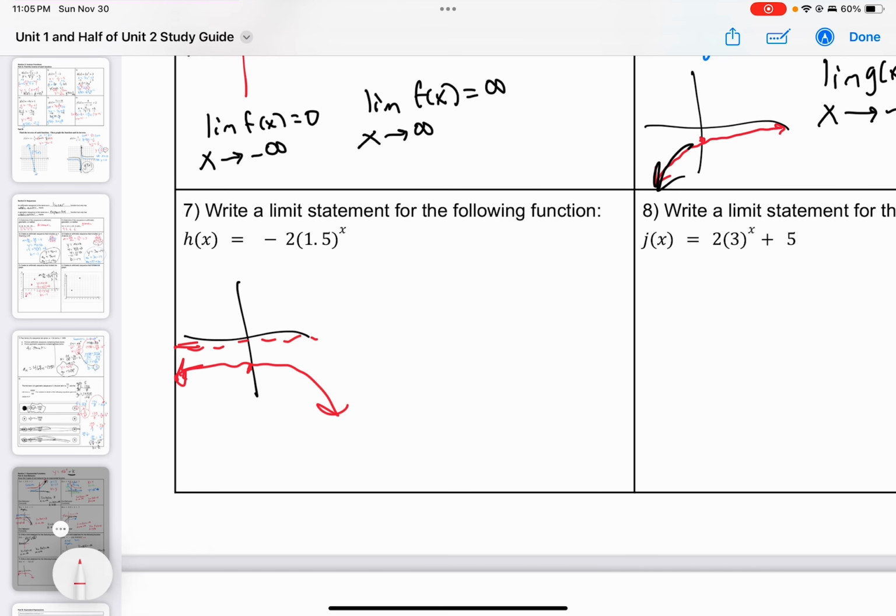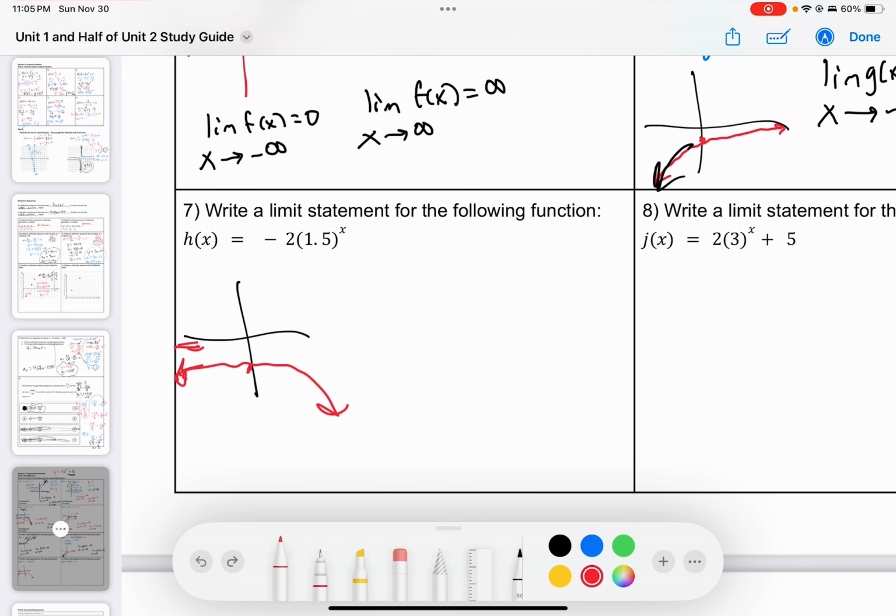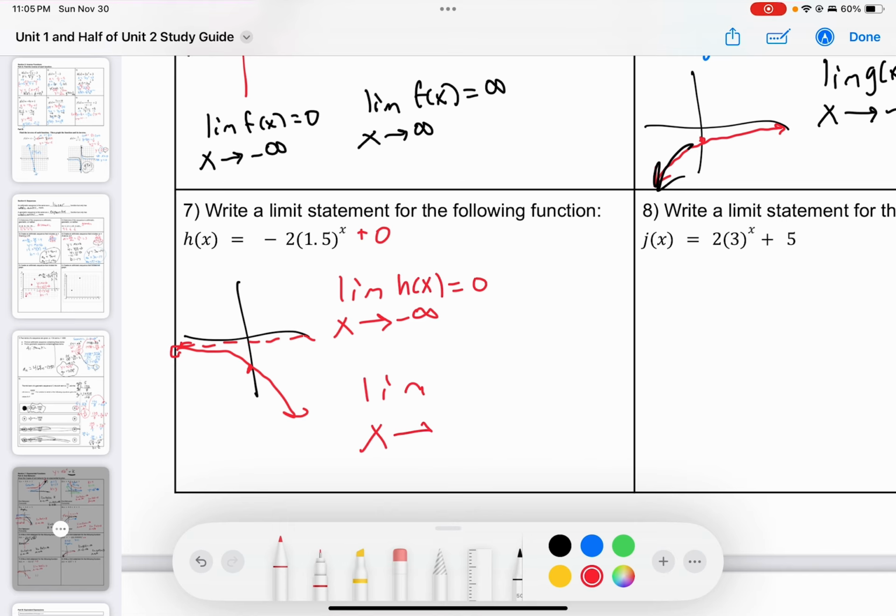So honestly, let me just redraw it because this is not a good representation. It should look something like that. But there's a horizontal asymptote here. So the limit as x approaches negative infinity, where is this approaching? It's approaching k, but k is 0. And the limit as x approaches positive infinity, where is this headed? h of x is equal to negative infinity.